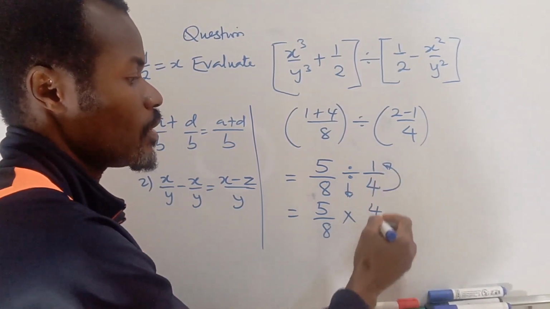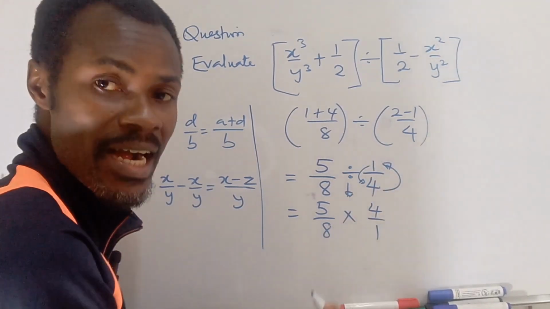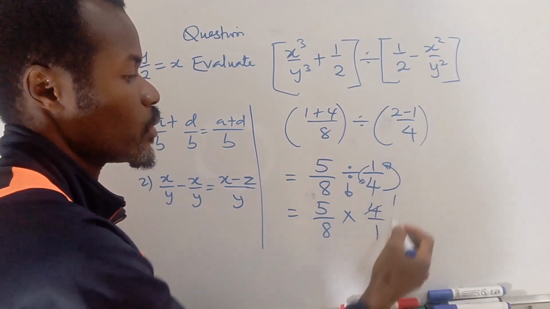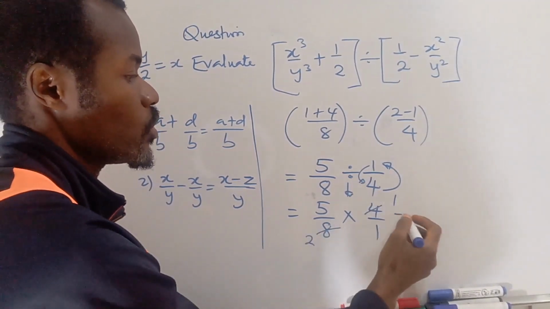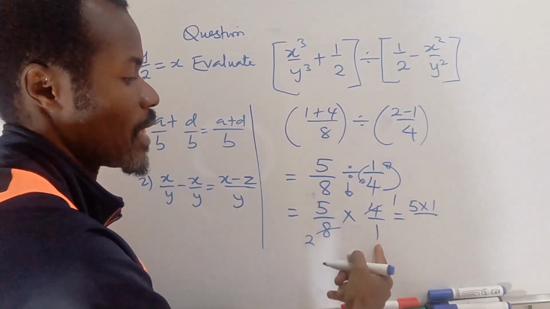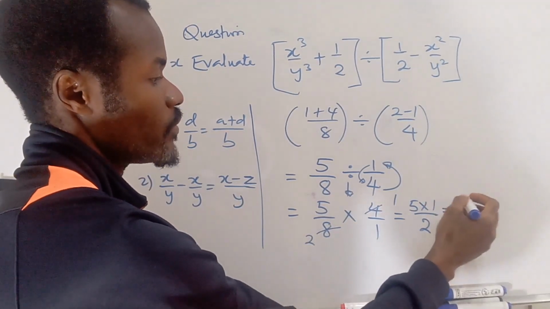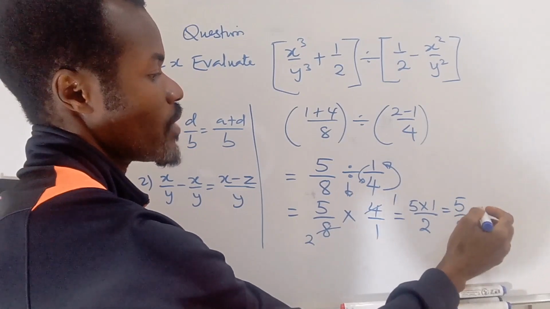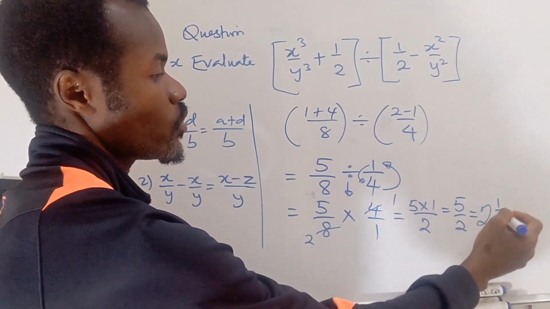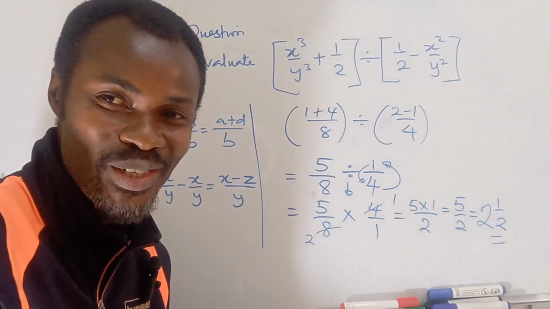So the 4 goes up and the 1 comes down. So something can cancel out. 4 here is 1, 4 here is 2. So we have 5 times 1 divided by 2 times 1, which is 2. So 5 times 1 is 5 over 2, which we can write as 2 whole number 1 over 2. So either of these gives us the simple solution to this.